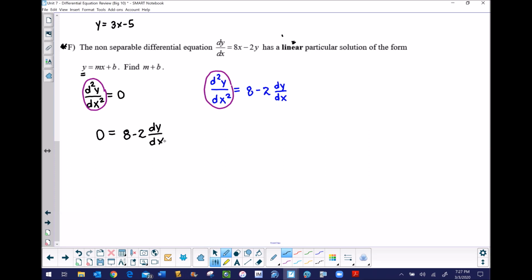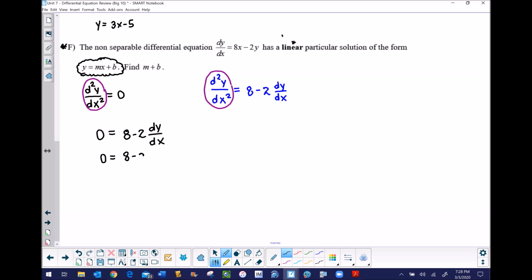Now, it might be kind of confusing to see what comes next. Well, you want something like this for your final answer. You want something that has a y in it and an x in it, maybe a constant number b in it. Right now we have an equation that has a dy/dx. We have another differential equation. Well, if you remember, what does dy/dx equal?